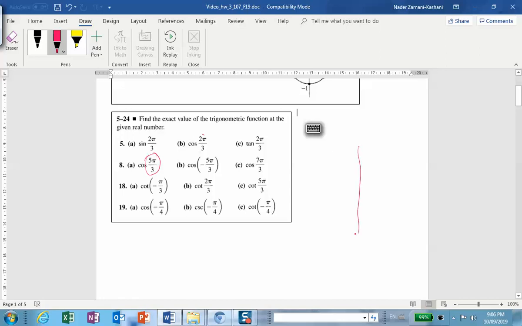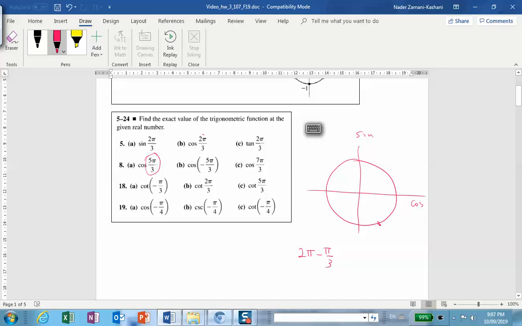Remember, 5 pi over 3, you can look at it as, for example, 2 pi minus pi over 3. So when you look at the unit circle, like this is cosine, this is sine. You go 2 pi counterclockwise, you end up right here, and you back up by pi over 3. So you go one round and then go backwards. So there it is.